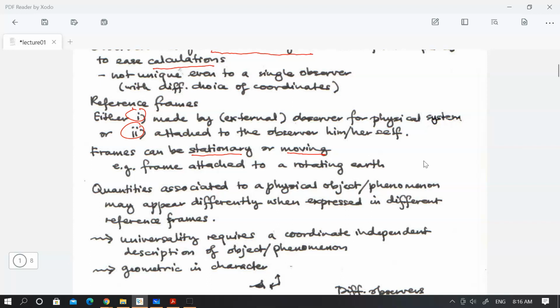So these are things that we need to be aware of, whether it's stationary or moving.